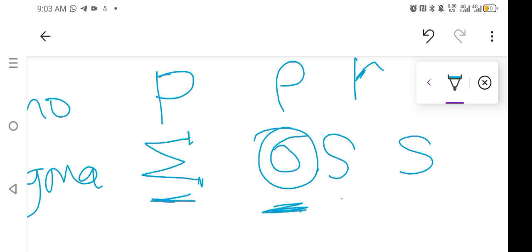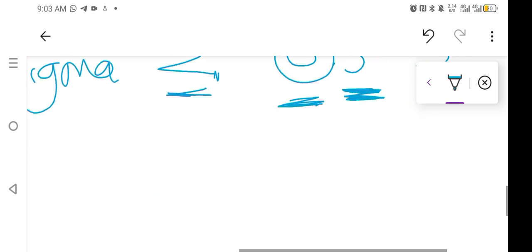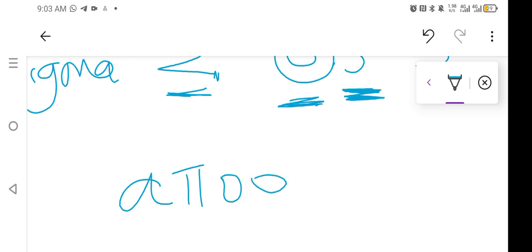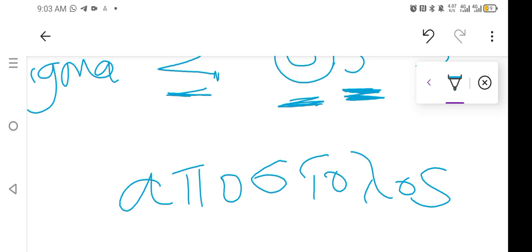This sigma, which is called the final sigma, is used only when the last letter in the word is a sigma. For example, the Greek word for apostle, apostolos. You notice that there are two sigmas in this.